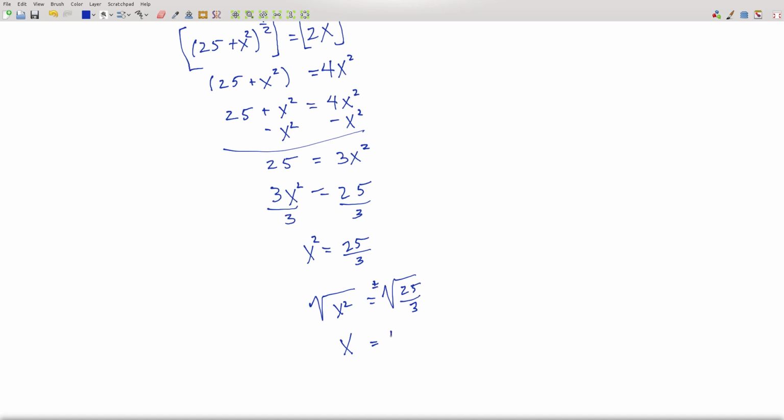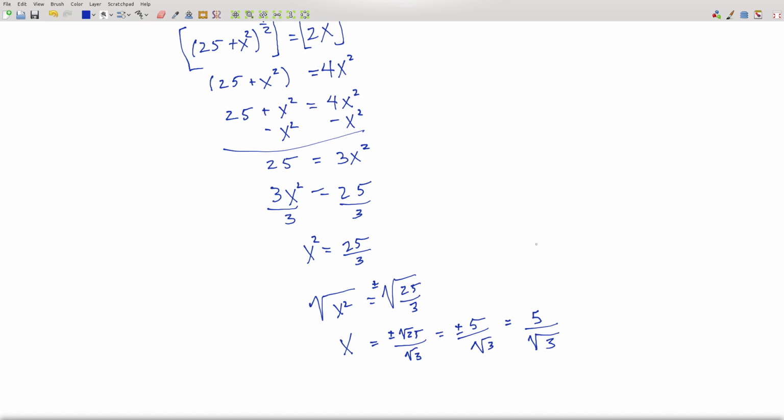So this becomes the square root of 25 over the square root of 3. The square root of 25 is 5, so this is plus or minus 5 over the square root of 3. I don't really need that negative because this x represents a distance. So really we have x equals 5 over the square root of 3.